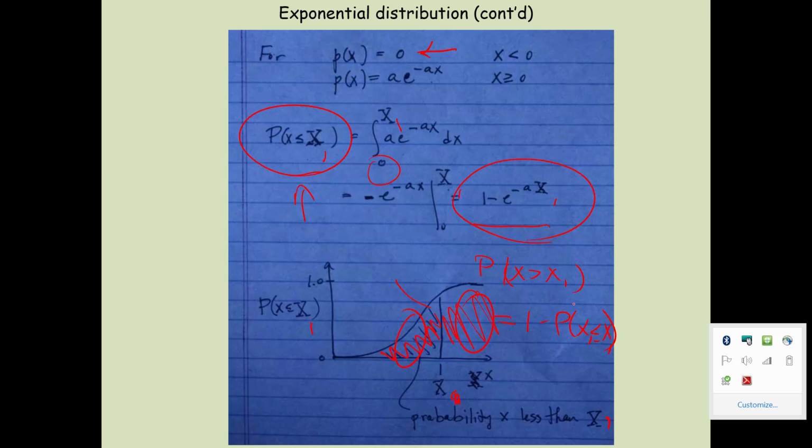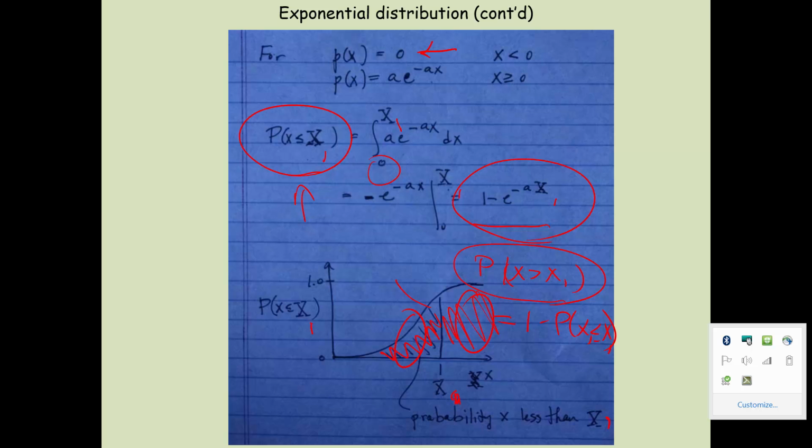Now, in many analyses, we want to know the probability that x would be greater than or equal to x1, let's say in a design analysis. And so we need to be able to quantify what that probability is.